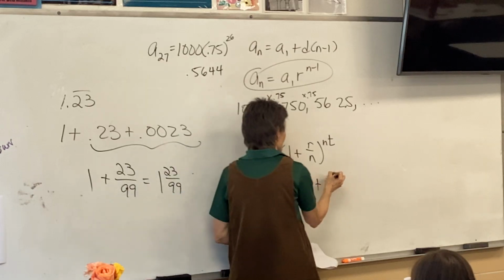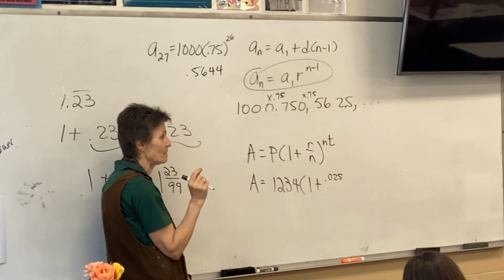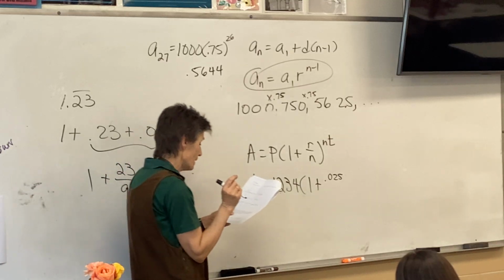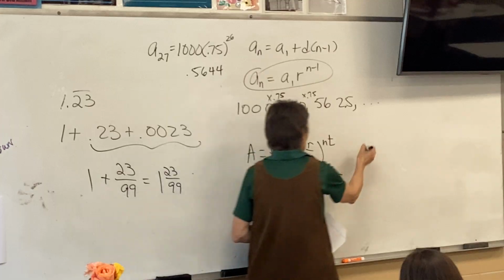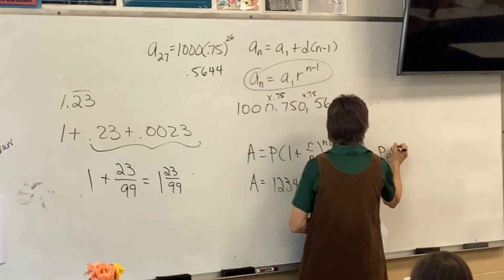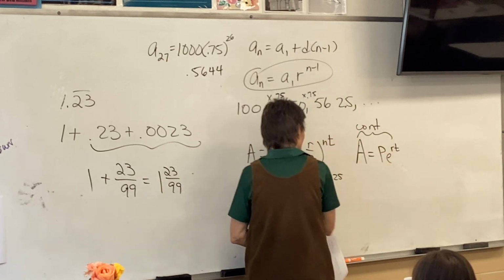The interest rate, remember when you put in R, your interest rate, it has to be a decimal. Don't put 2.5. Oh wait, I'm out. I didn't read it carefully enough. It is compounded continuously, and that's this one. All right, so let's start over.